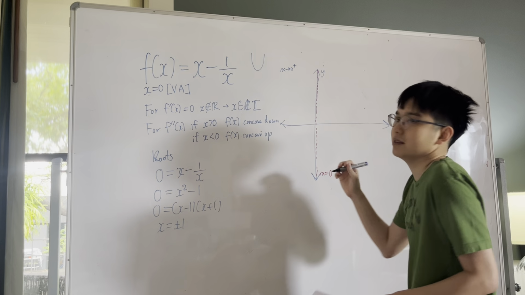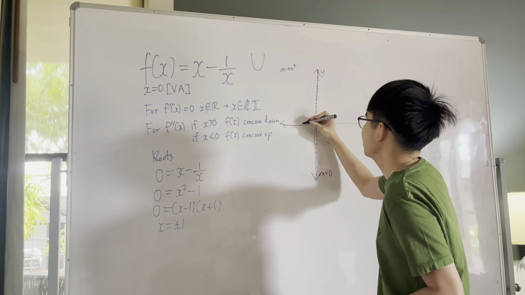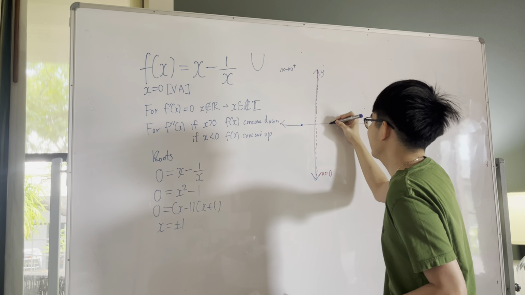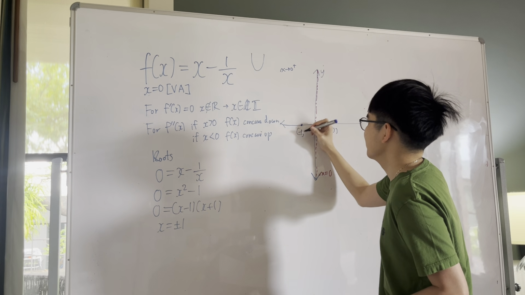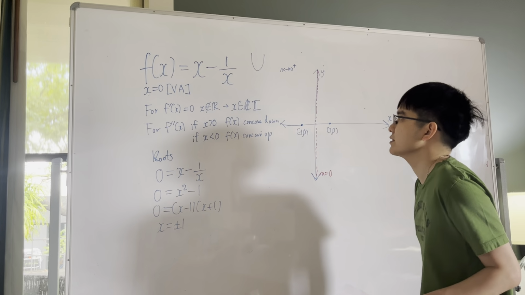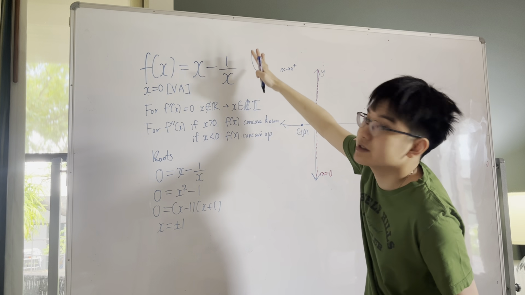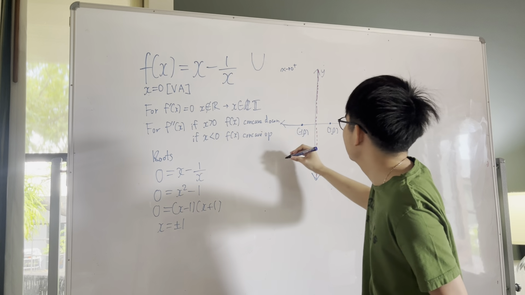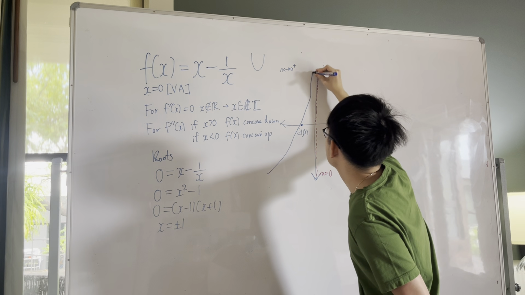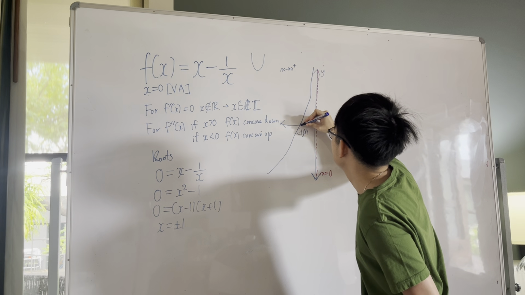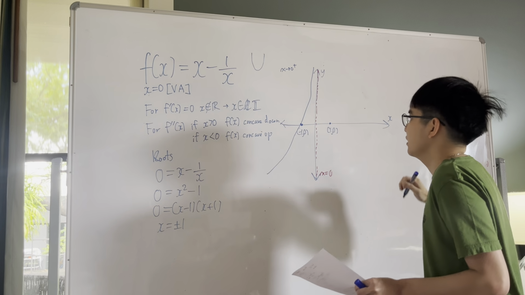So we know that the graph has to pass through the horizontal axis at the points 1, 0, and negative 1, 0. Okay, so that's a part I'm missing. But it still has to go and obey this concave up U shape here. So it's going to look like this as a result. Didn't quite go through the points.